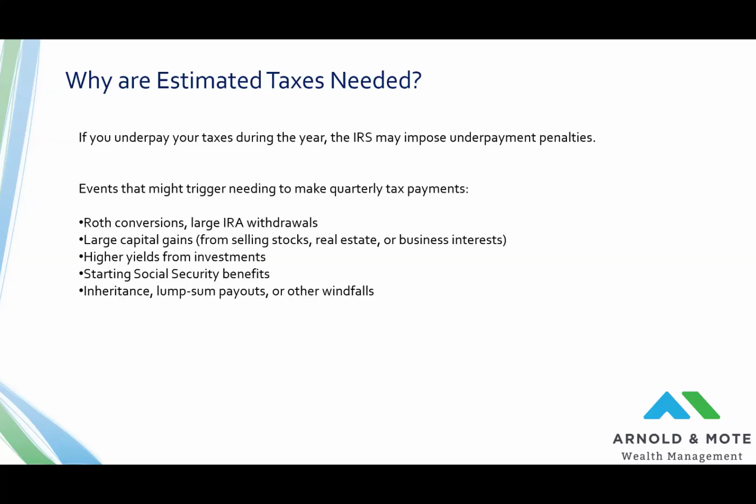And then besides the type of income, there's scenarios that might trigger the need for you to start sending in these estimated taxes as well. A big one's going to be Roth conversions or just any kind of large irregular IRA withdrawals. So you need a big withdrawal to make a car payment, make the down payment on a retirement home.